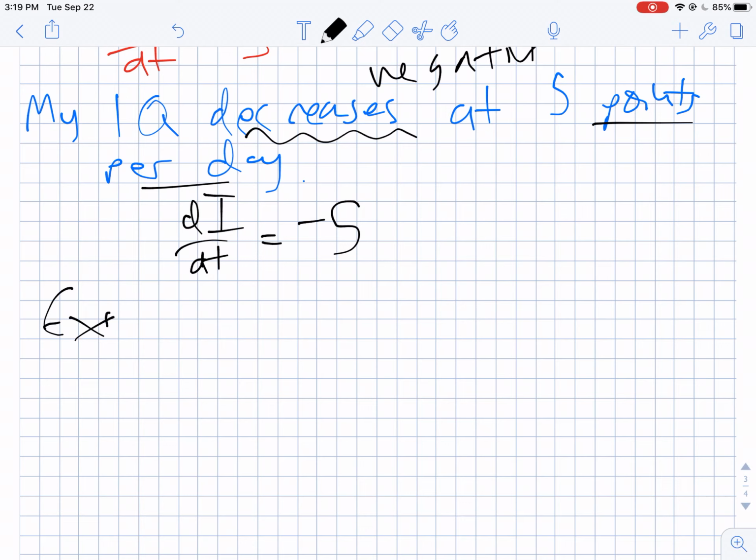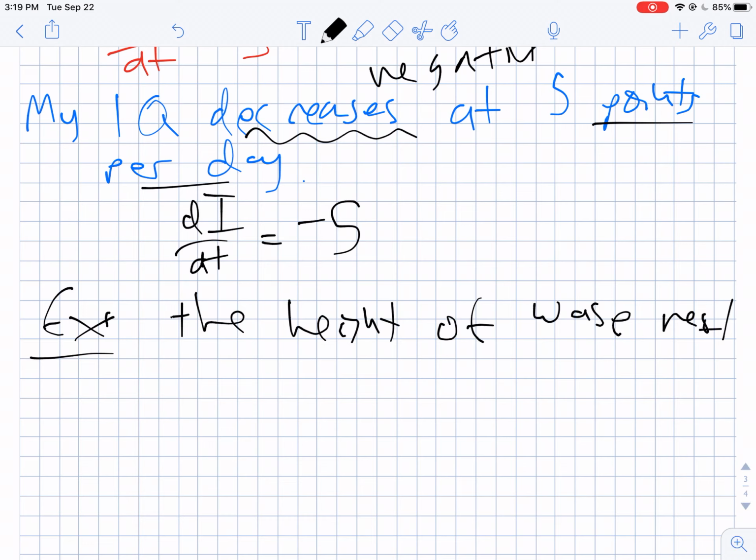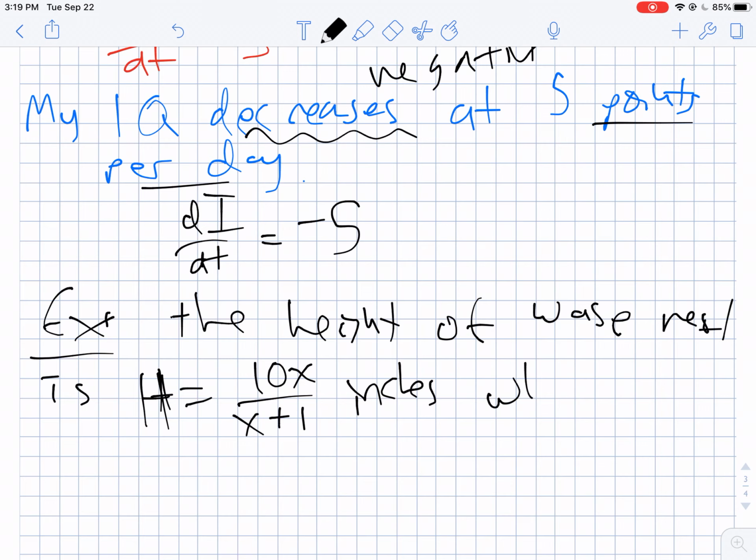Let's say this. The height of a wasp nest, yuck. So the height of a wasp nest, wasps, by the way, very dangerous, is h equals 10x over x plus 1 inches, where x is the width of the nest.